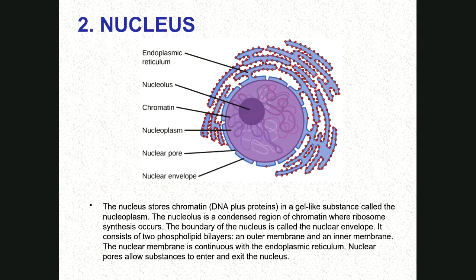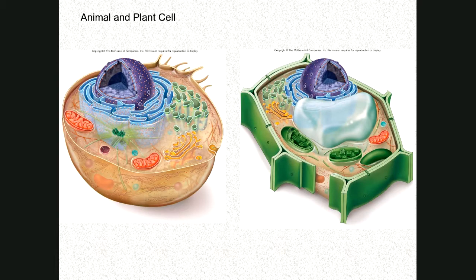Those are called rough endoplasmic reticulum. This is the one that has a lot of dots over here. If you really zoom in, this is the rough endoplasmic reticulum.